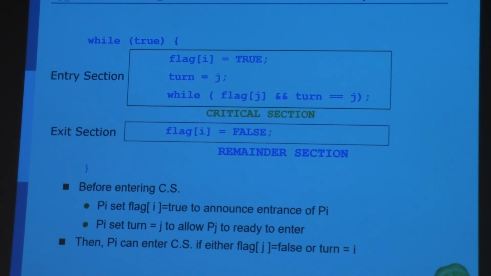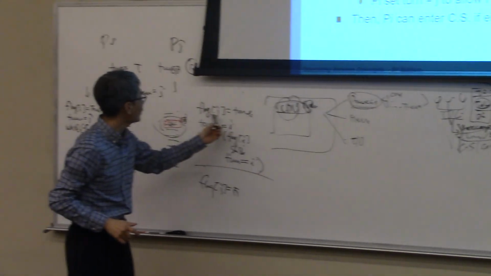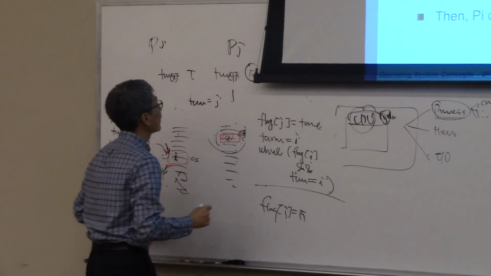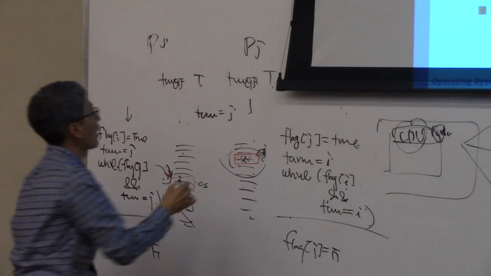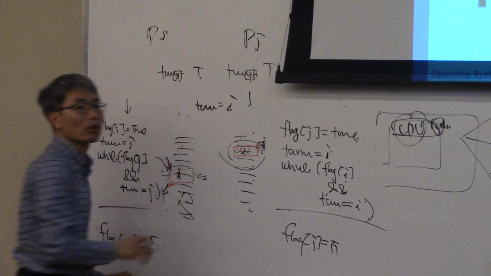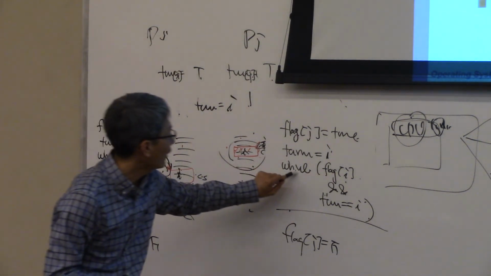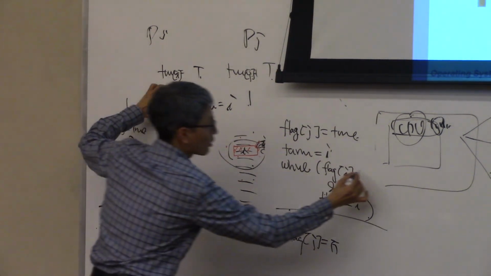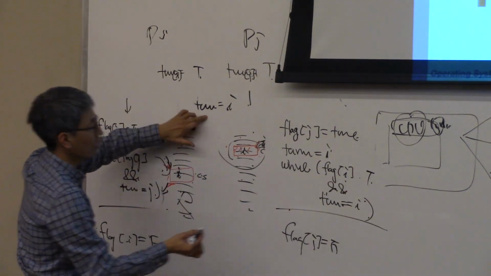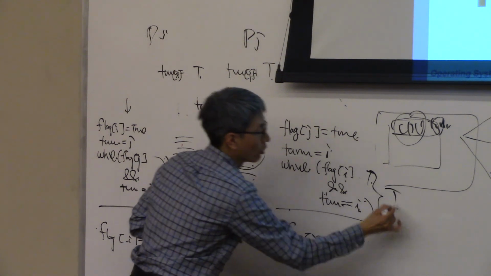Then this time, process J is entering. The flag J is set to true. So I'm entering the critical section. Then turn is I. Because I'm in, maybe the other will get the key. In the while loop, flag I is true and turn is equal to I, which means the while condition is true.